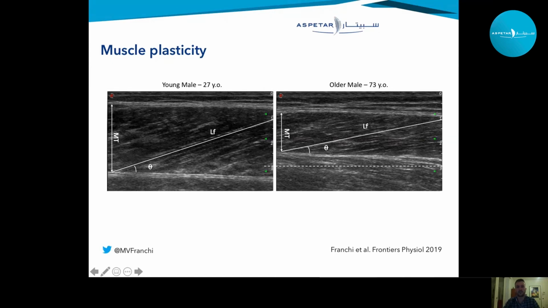But you can also see that possibly fascicle length will change also because of the reduction of muscle thickness. Although we have also a reduction of pennation angle, so fascicle length will have to be checked. But this is to appreciate once again how muscle plasticity is highly influencing muscle architecture across lifespan.